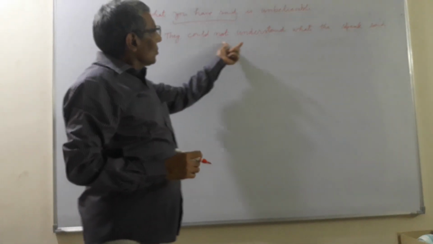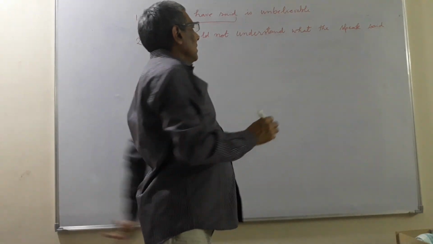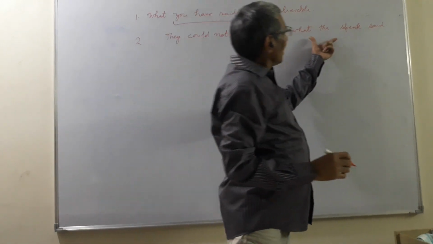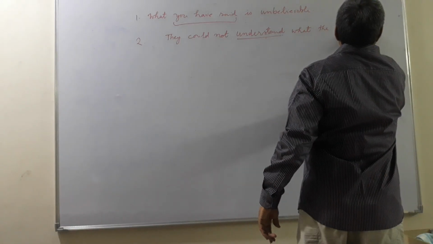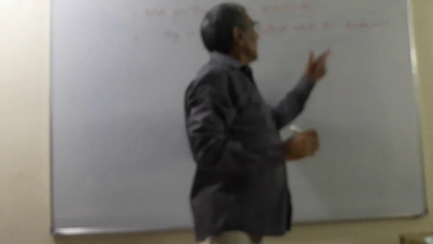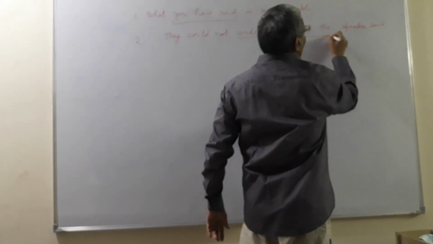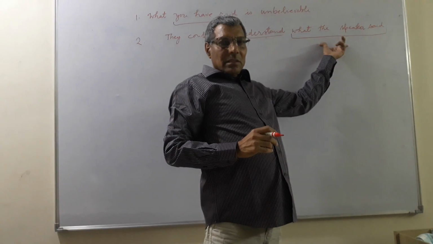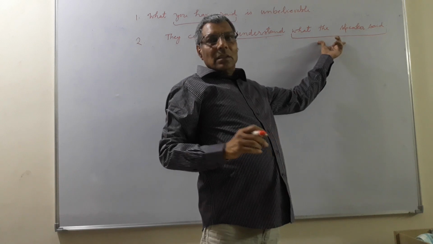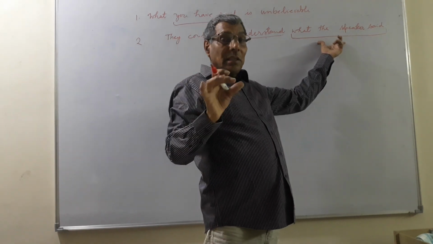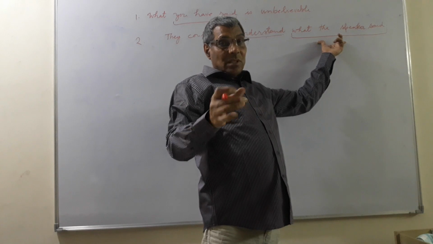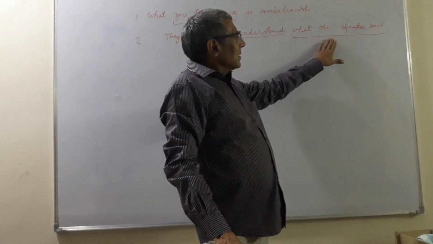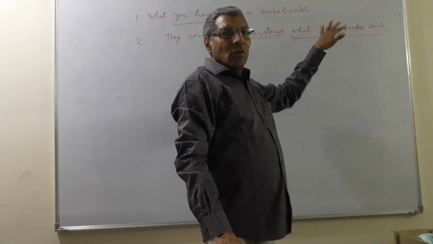Now see, they could not understand. This is the verb. What could they not understand? What the speaker said. Again, this sentence is working as a noun. The whole sentence is working as a noun, is replacing a noun. That is why this is a noun clause.